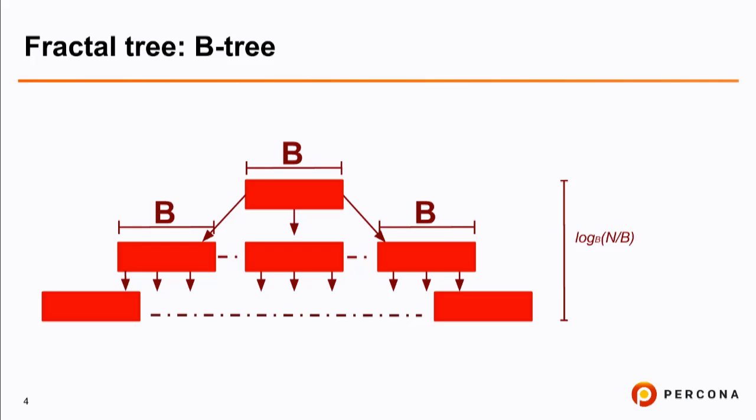Let's consider the B-tree. It's a well-known and widespread data structure. What is important here? The nodes have a fixed size, and nodes contain pivots. Nodes can be not full, and this can be a cause of big write amplification.